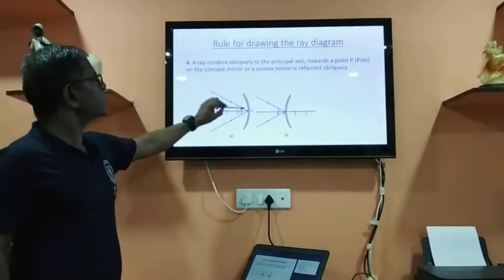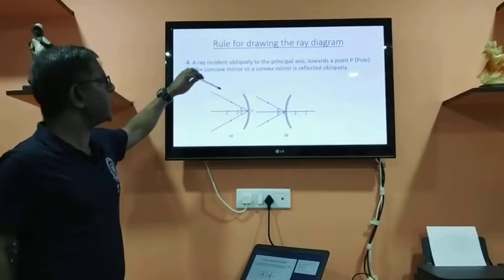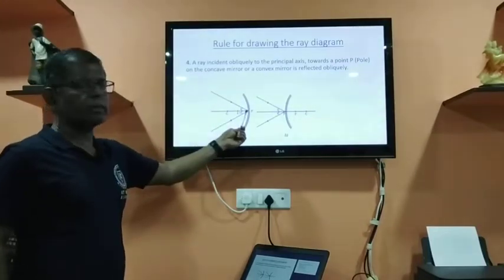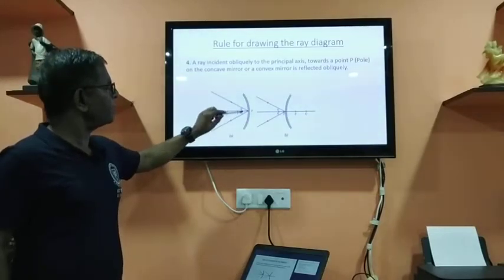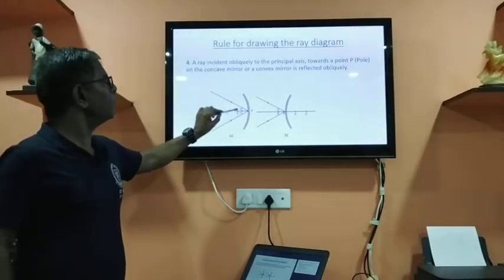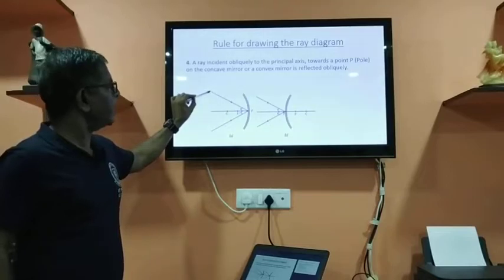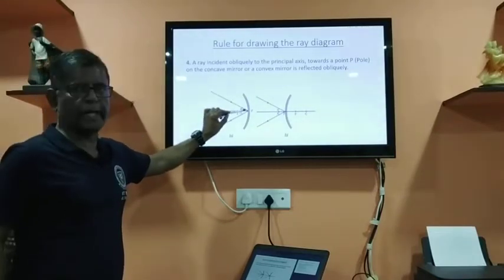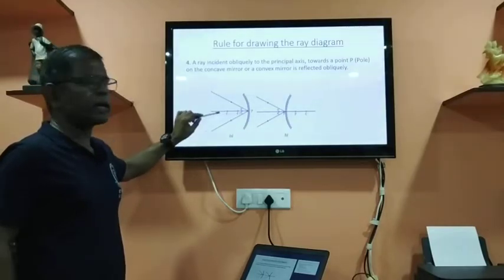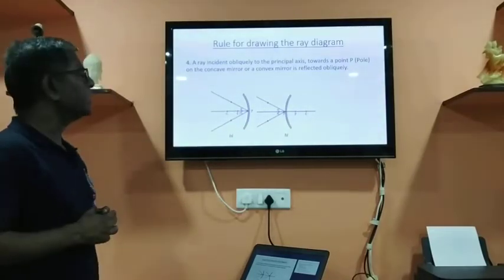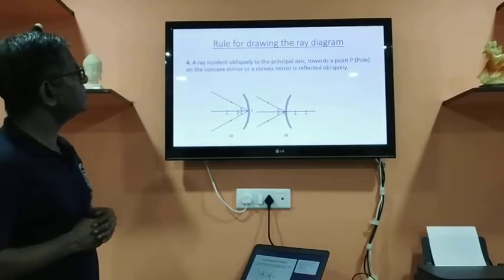If the ray is incident obliquely, meaning at an angle, say at the pole, then after reflection, the angle of reflection will be equal to the angle of incidence. So the light ray is incident on the pole P, and after the reflection, it is going back at an angle which is equal to R. So in this case, I is equal to R.